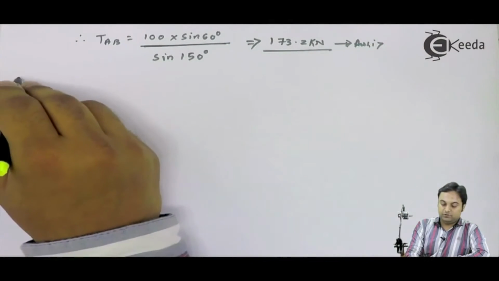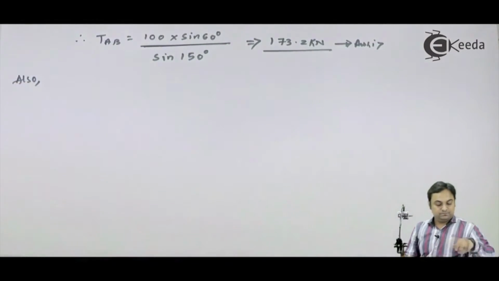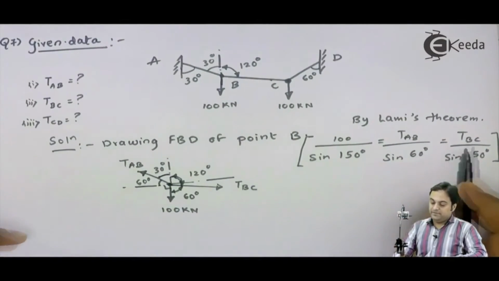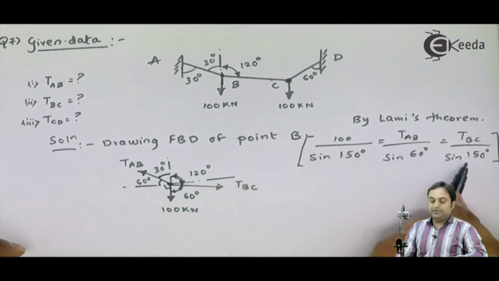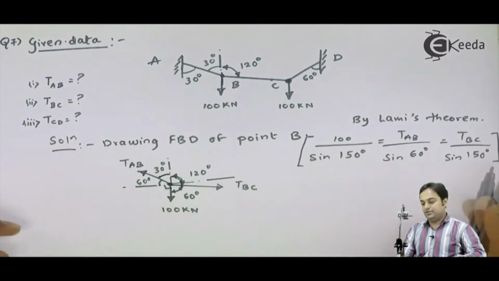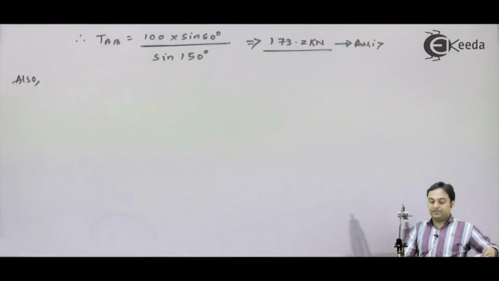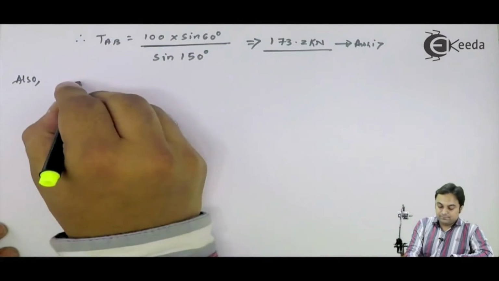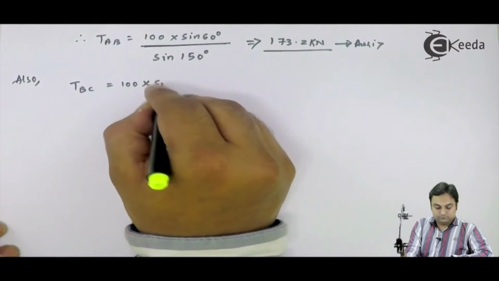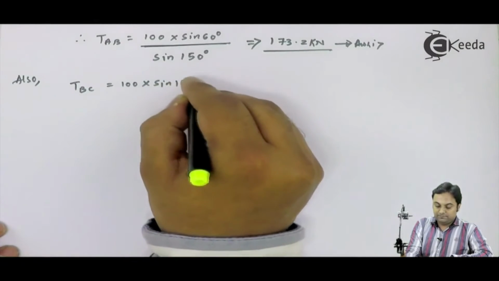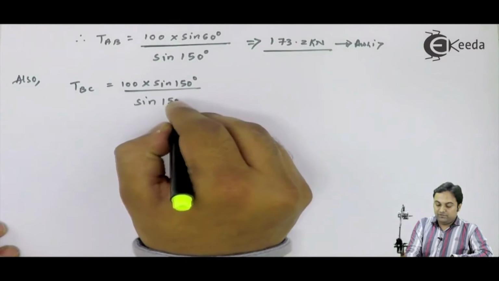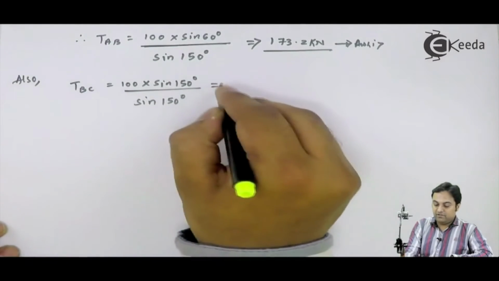Next I can say also, if I want TBC, TBC will be, you can write down either TAB into sine 150 or 100 into sine 150, both will give you the same answer. So if I write TBC is 100 into sine 150 divided by sine 150, sine 150, sine 150 gets cancelled.